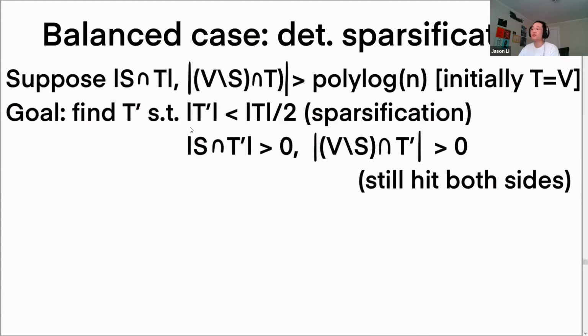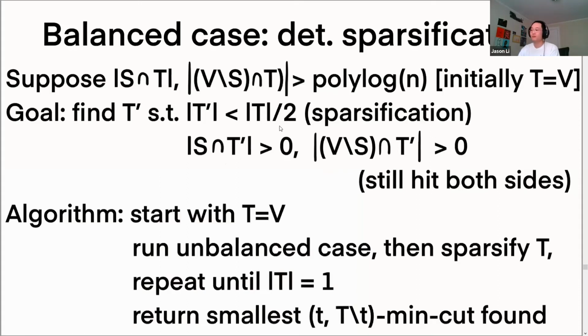But the point is we're sparsifying T so that this sparsification can only happen log n times before we're done. So now, assuming this sparsification, our algorithm should be very simple. We're going to start with T to be the entire vertex set. We're going to run the unbalanced case and just compute a cut. This might not be the min cut if the setting is actually balanced, because we don't know which case it is.